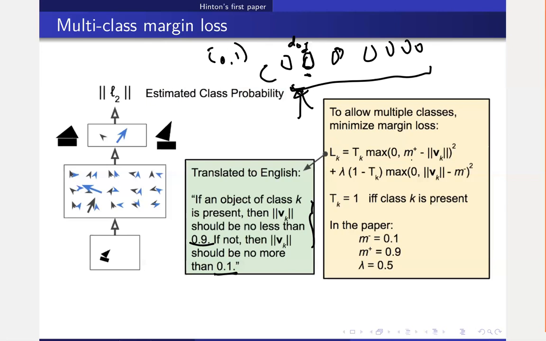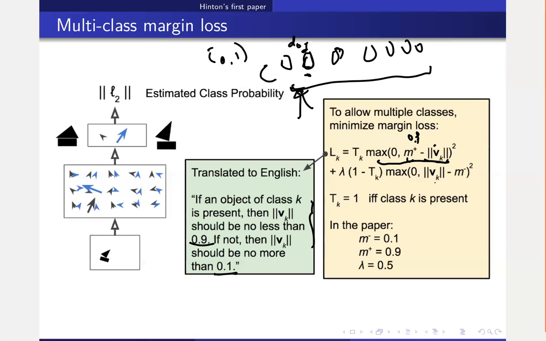This is basically 0.9 here, so I have 0.9 minus the ground truth capsule. If this is larger than 0.9, this gives you a loss of 0. Otherwise, I will have a non-zero loss here.